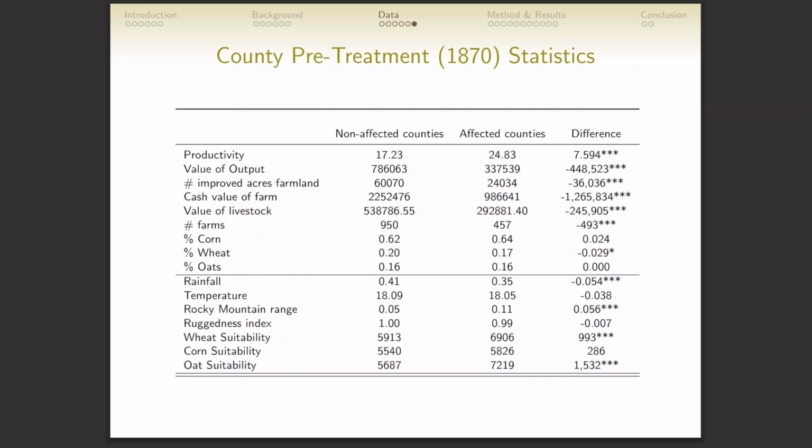Here you do see a little bit more differences in terms of both the statistical test and the size of it. In particular, if you look at something like number of farms, it's much larger in the non-affected counties. And that's because they were no longer part of the frontier. What we do at some stage with regressions, we try to use propensity score matching to reduce our sample of counties.